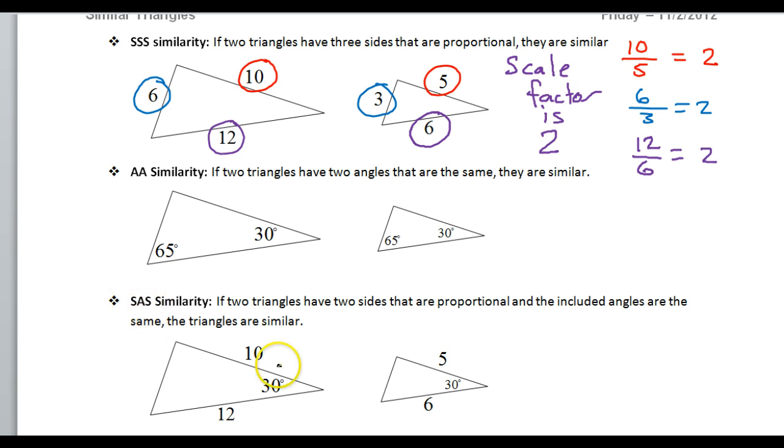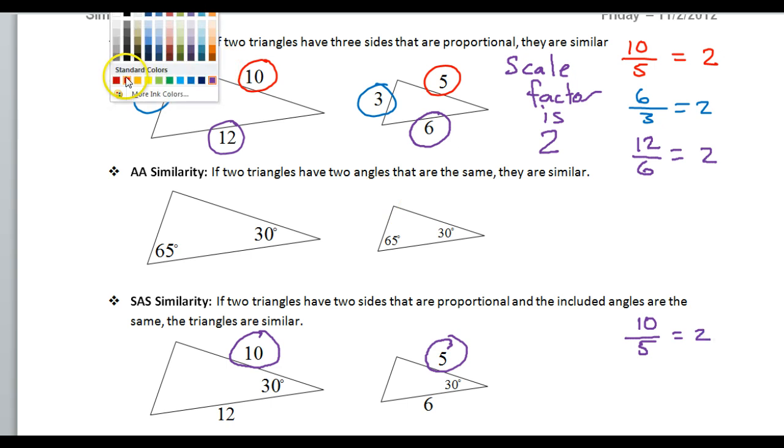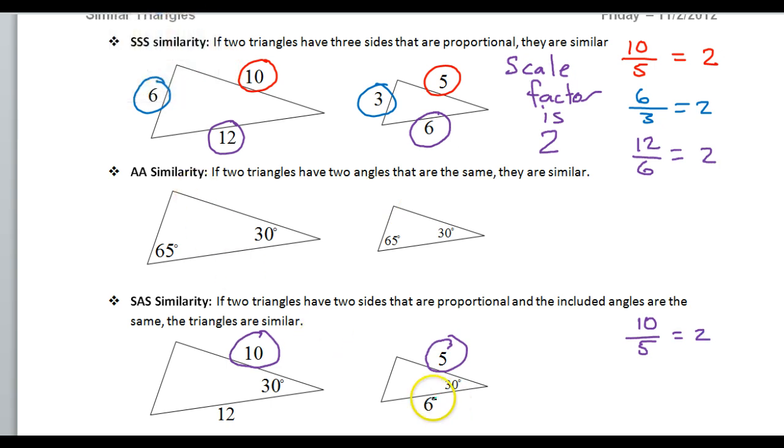The S and S again refer to the sides being proportional. I used the same numbers, so we've already done the math, but these are still proportional, meaning 10 over 5 equals 2, and in the same way 12 over 6 equals 2.